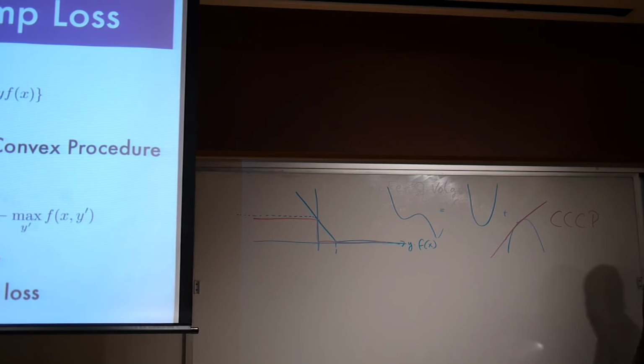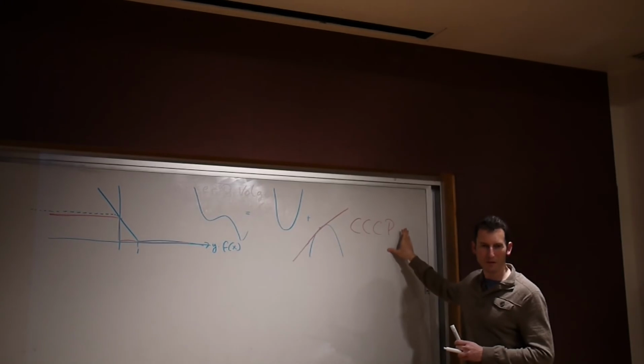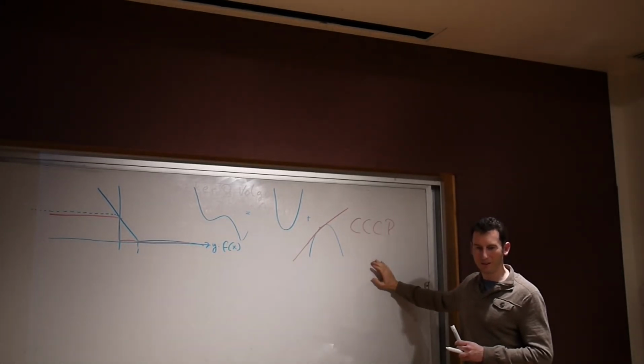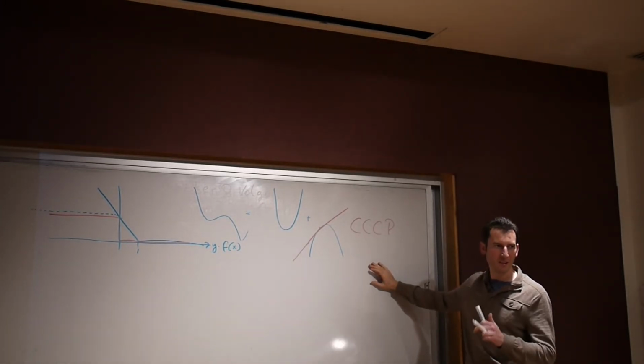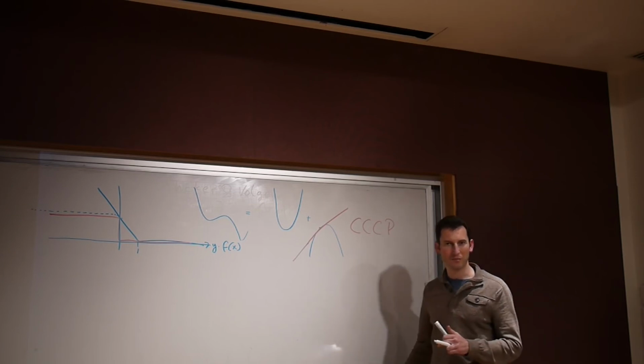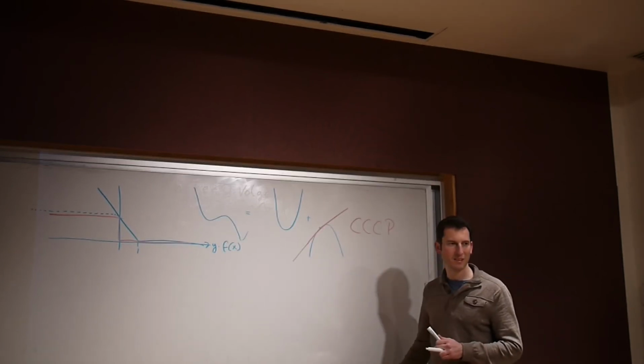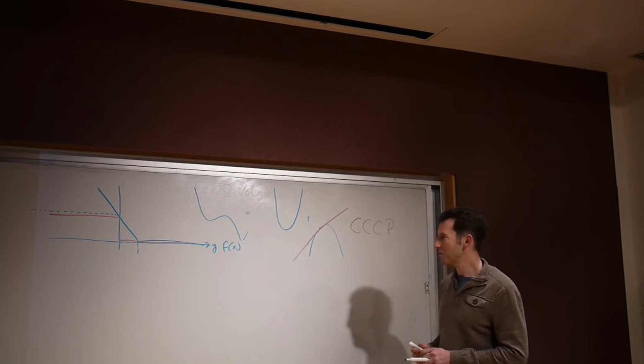It's also known as DC programming, difference of convex function programming, and that predates this by about 20 years. It's also called, I think, the K method in yet another community. And you can actually show that in quite a few cases, the EM algorithm, the expectation maximization algorithm, is a special case of this. So it goes by 4 different names, which is kind of funny.